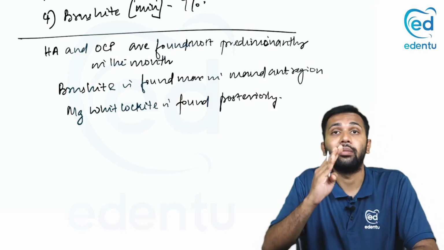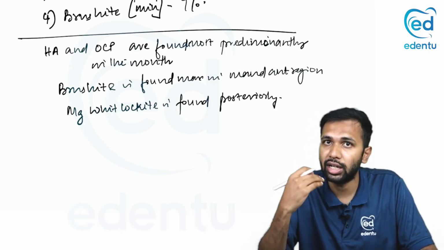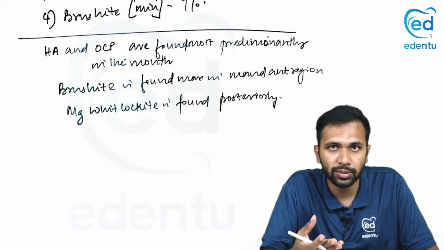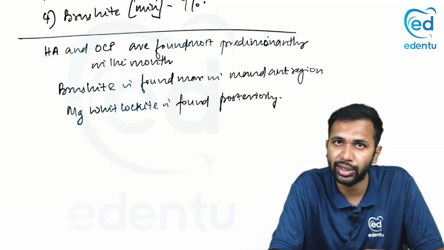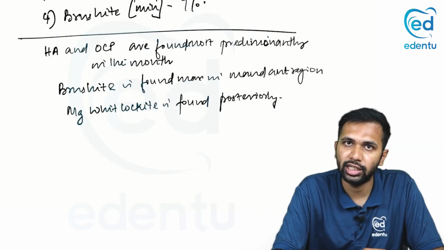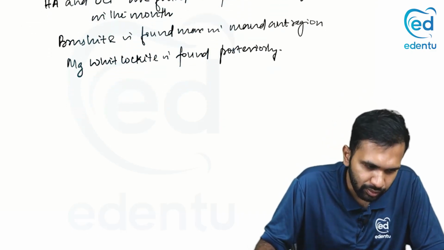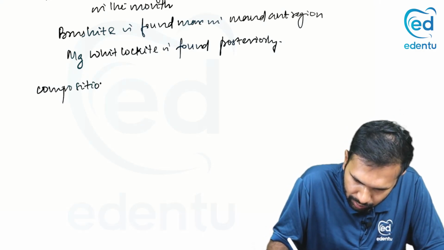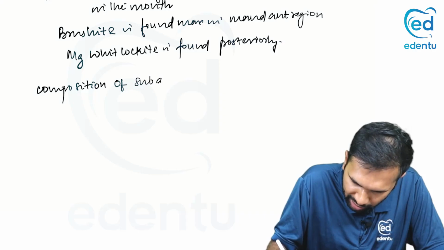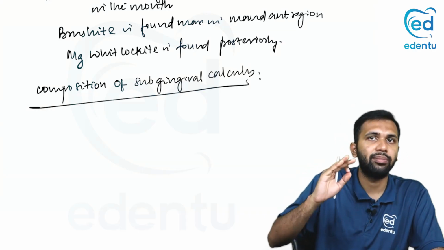I repeat, among the four crystals, hydroxyapatite and octacalcium phosphate are widely distributed throughout the mouth. Brushite is more predominant in the mandibular anterior region, and magnesium whitlockite is found more commonly in the posterior teeth.